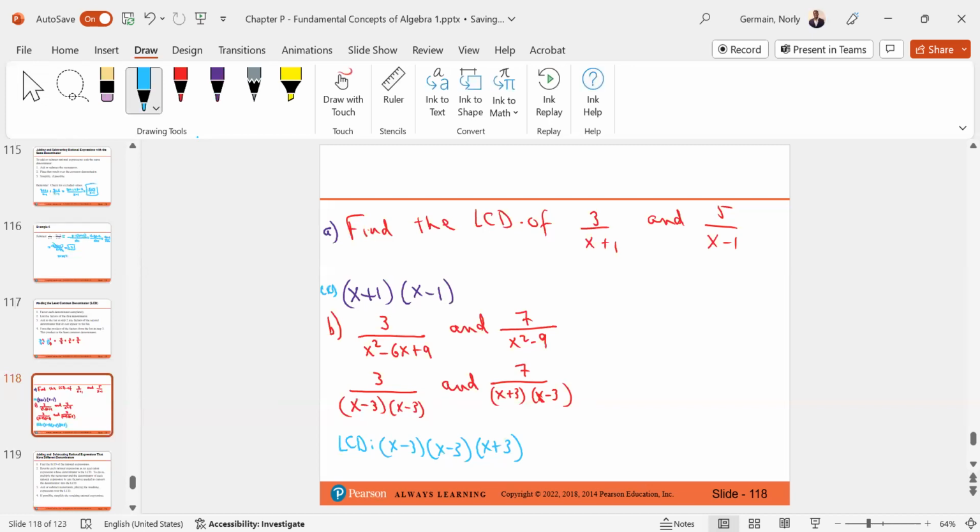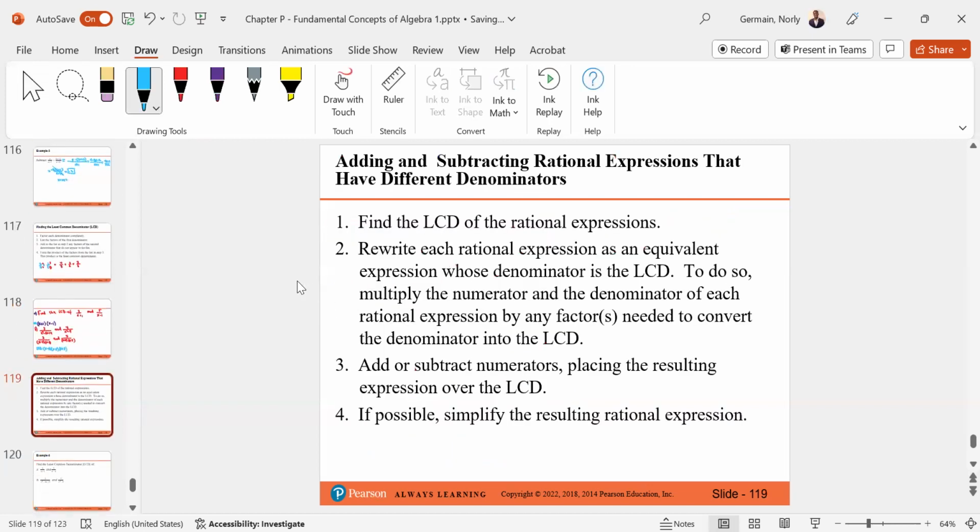You have no problem with that, right? Now, how about adding and subtracting rational expressions that have different denominators? That's what we were explaining before. To add or subtract rational expressions, we write each rational expression as an equivalent expression whose denominator is the LCD.